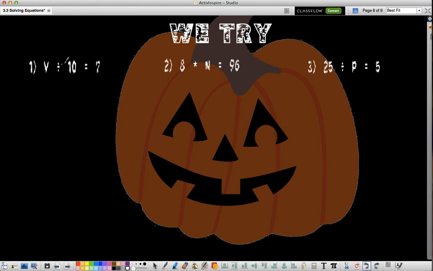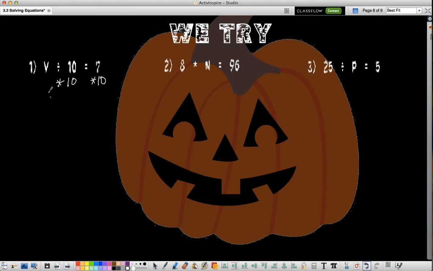Okay, so in this case, if I'm dividing by 10, to undo dividing by 10, I want to multiply by 10. And what I do to one side, I have to do to the other.